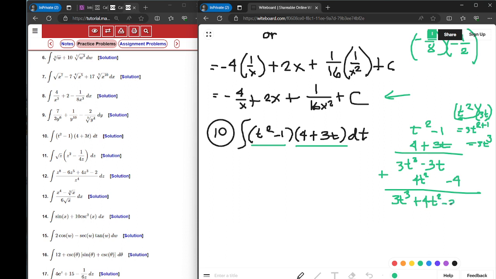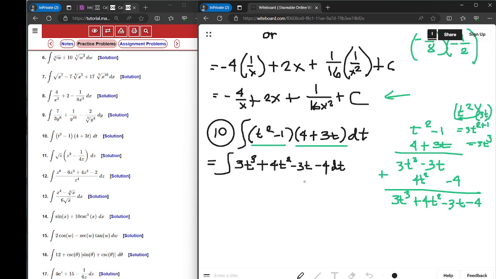So the expanded form of the product of the two binomials is 3t cubed plus 4t squared minus 3t minus 4 dt.